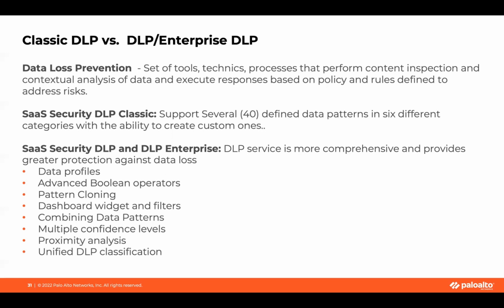It supports combining data patterns, multiple confidence levels, proximity analysis, and unified DLP classification. The unified DLP classification capability of SaaS Security DLP automatically syncs all data patterns and data profiles to other platforms in one account. These data patterns and profiles become shared resources across SaaS Security and all other platforms.